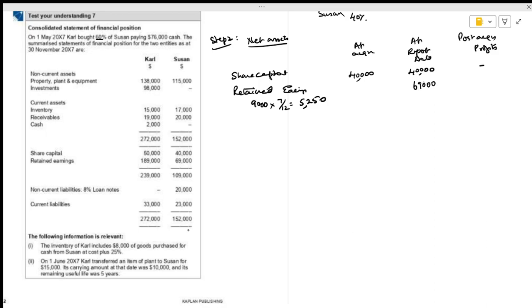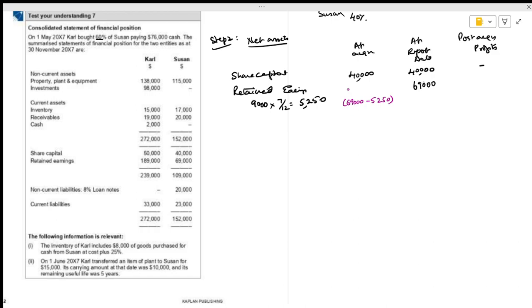Fine. This is the profit for now. Now, what is the acquisition profit? It is 69,000 minus 5,250. Because 69,000 is the complete year's profit, it includes the profit of 7 months also.